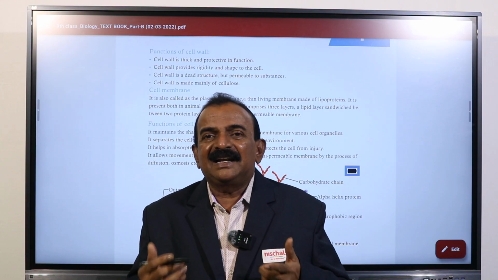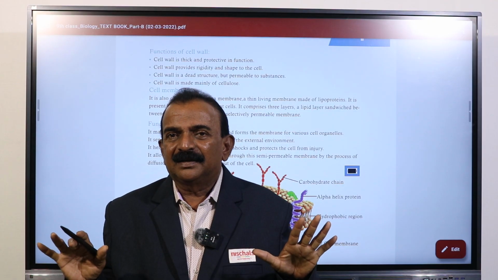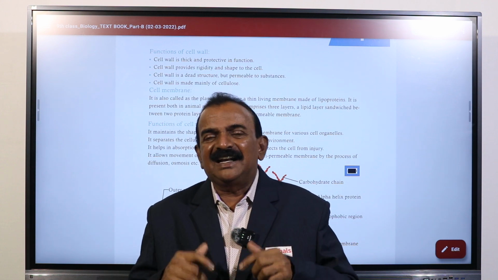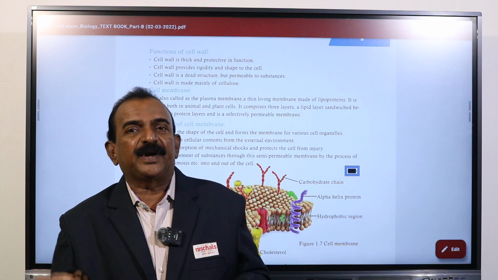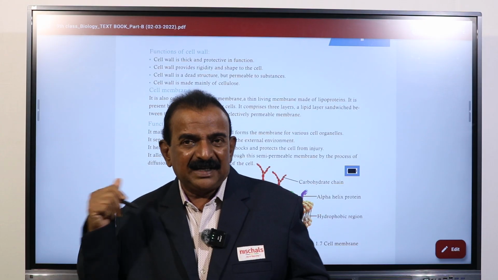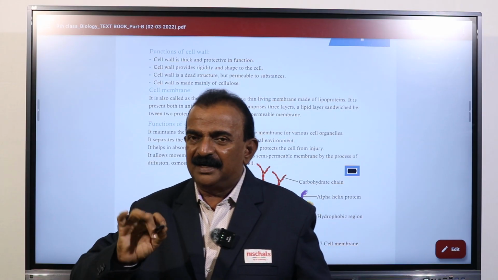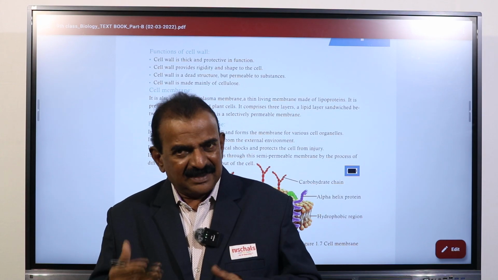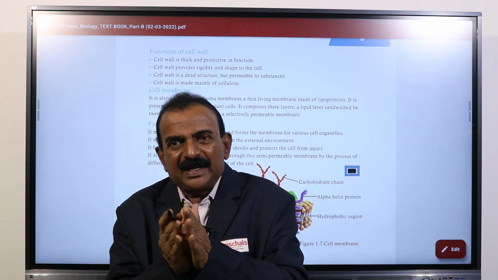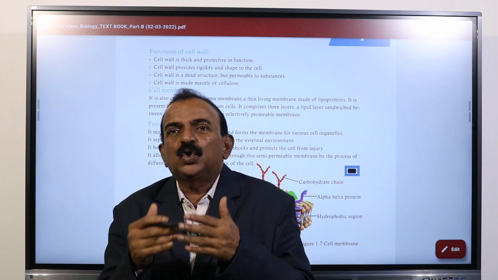And here the cell membrane is also called a semi permeable membrane. It is also called the plasma membrane. This cell membrane is made up of lipoproteins, but the cell wall is made up of cellulose. The cell membrane or plasma membrane consists of lipoprotein, embedded between two protein layers.